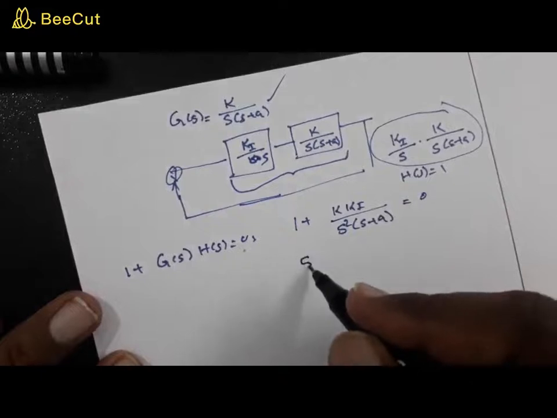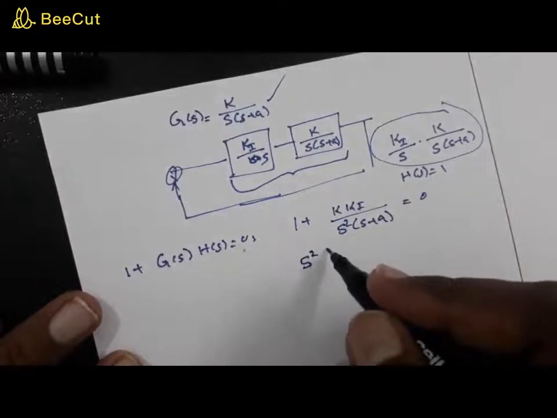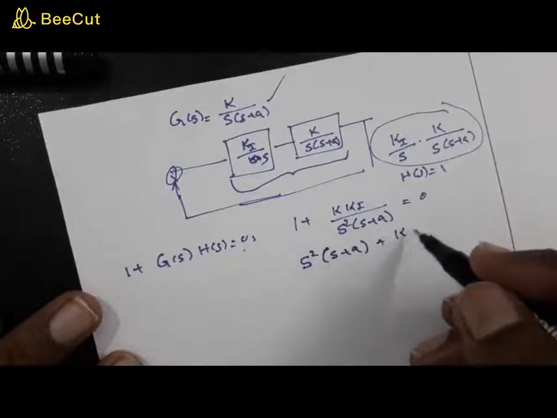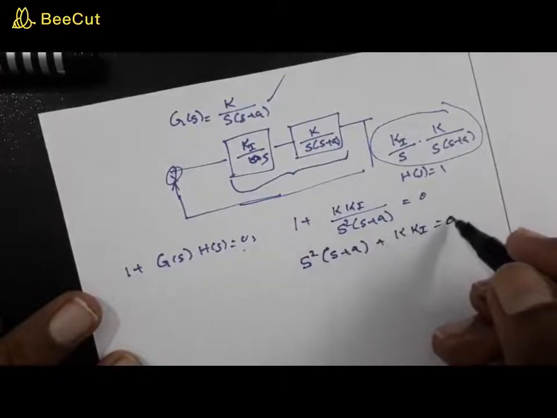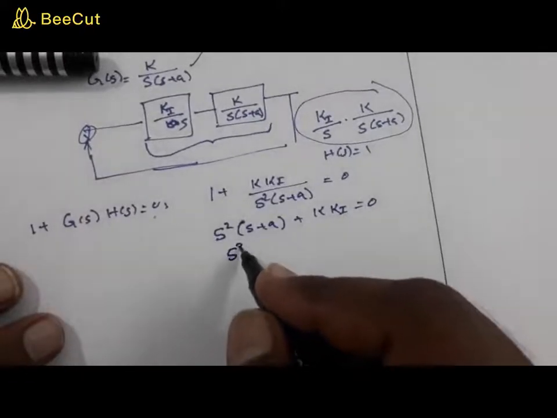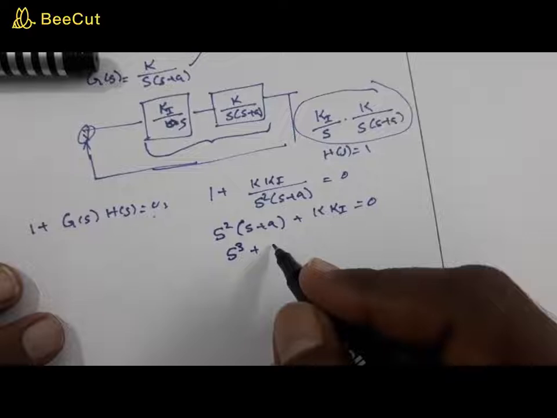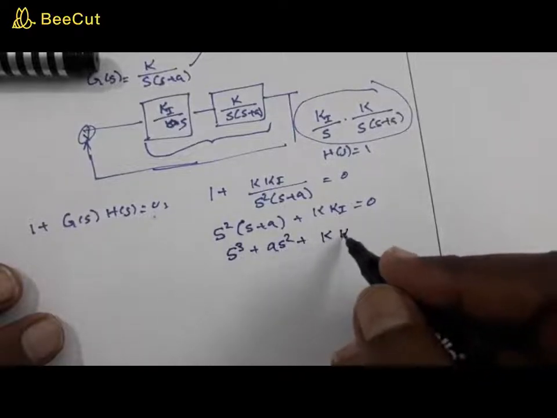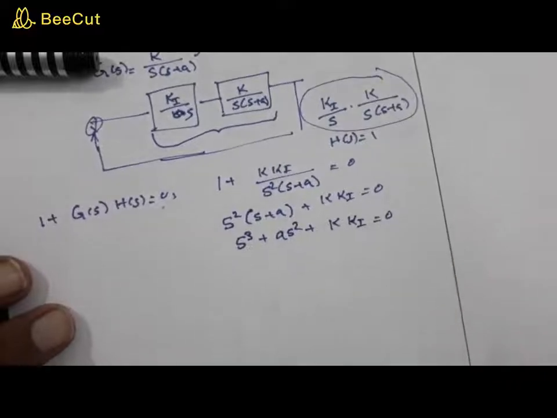Or in another sense, you can write s square into (s plus a) plus K into Ki is equal to 0, or s cube plus a into s square plus K into Ki is equal to 0.